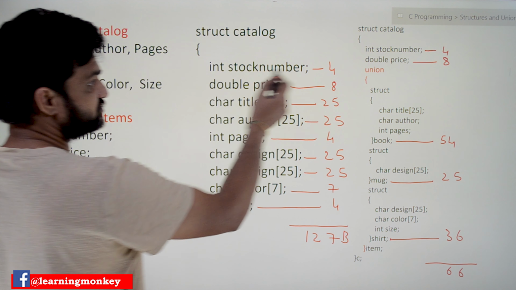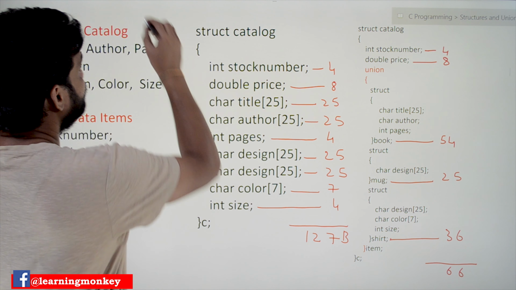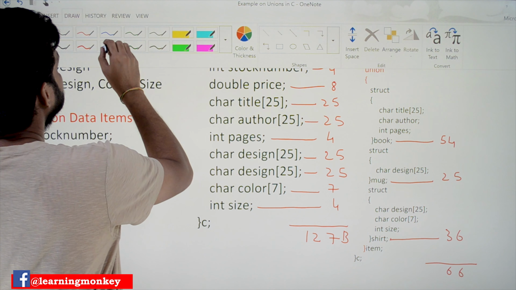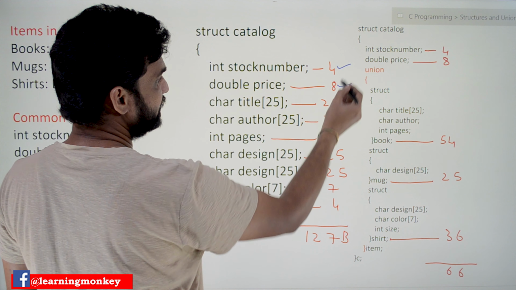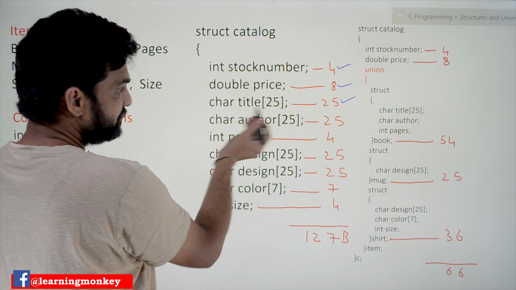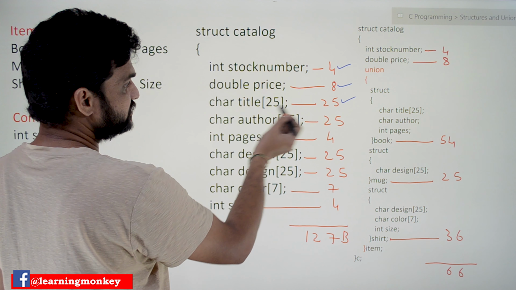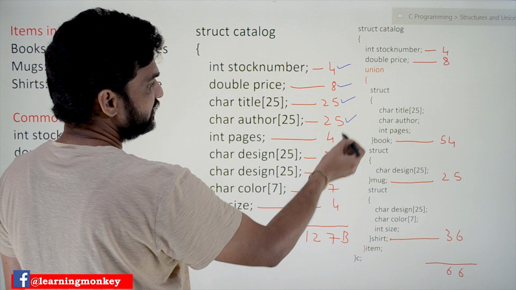For stock number it allocates 4 bytes because it is an integer, for price it allocates 8 bytes, and the title is going to have 25 bytes, and so on.